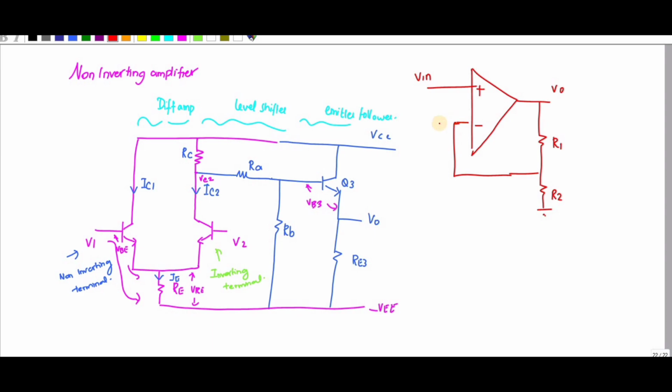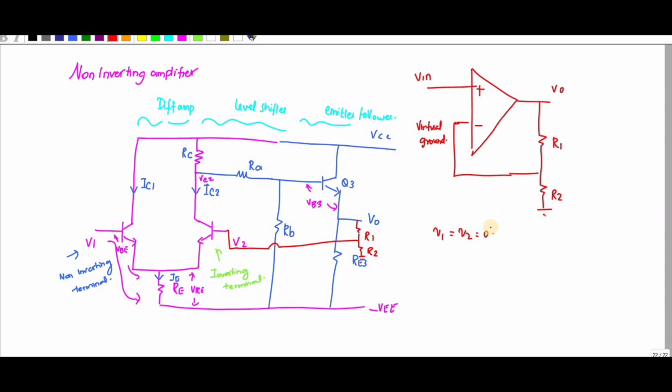So this point is called a virtual ground. And I have to connect like this, right? So this is your R1 and this is your R2. Let me assume V1 and V2 are equal to 0.